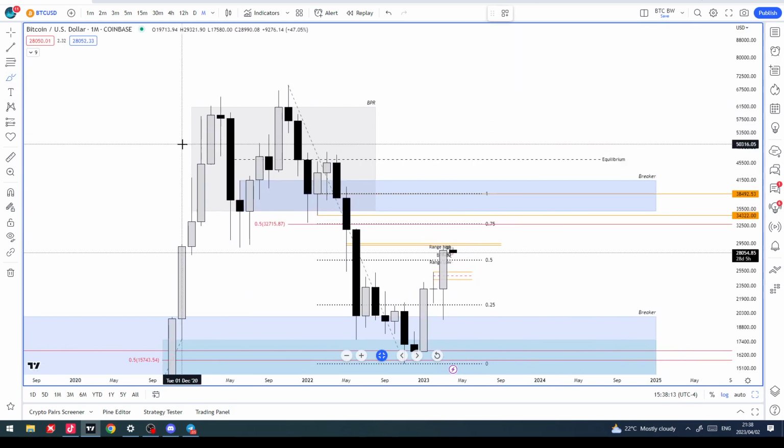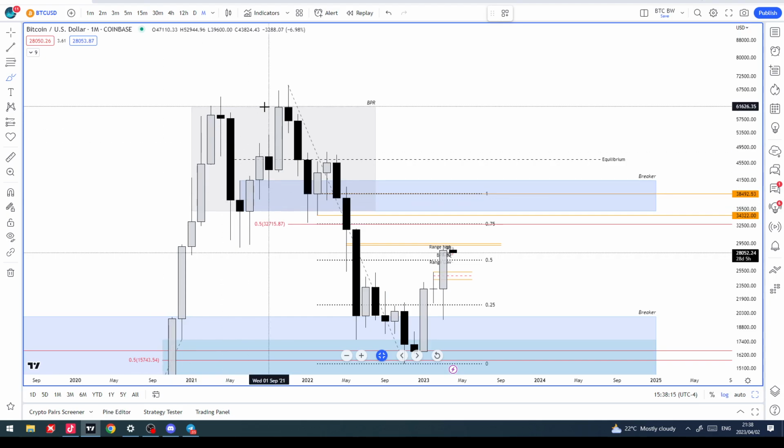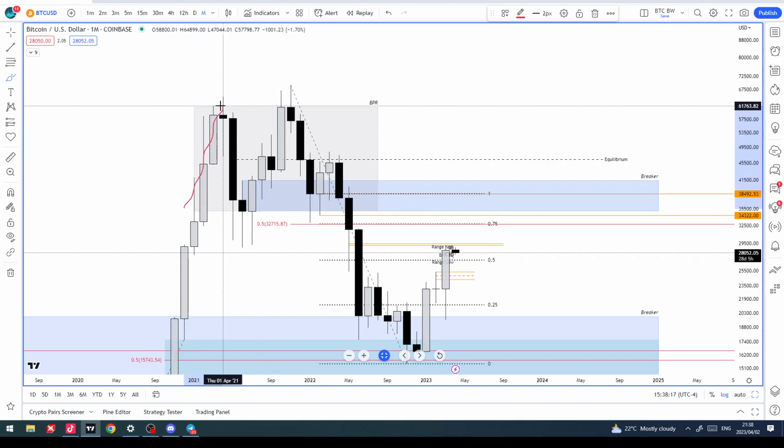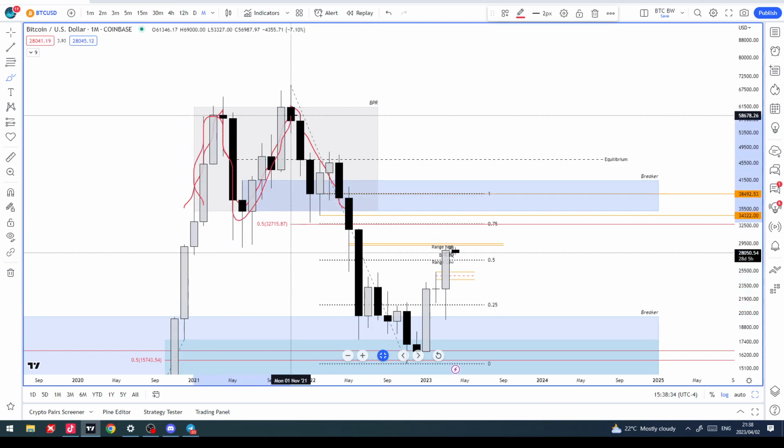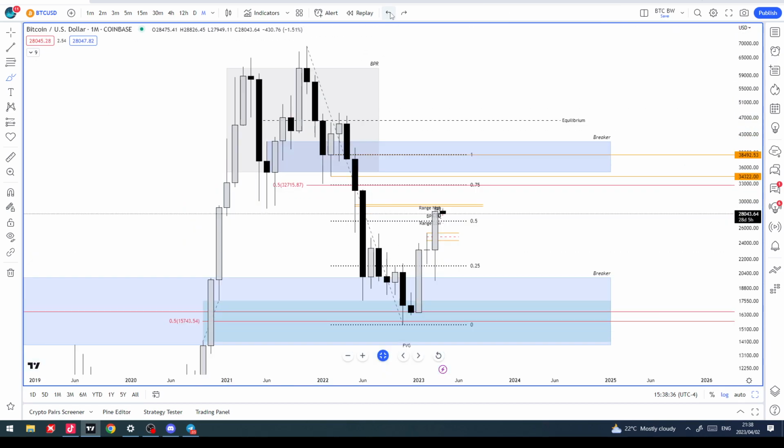Now, when we say BPR, it's a balanced price range. Note the number of times the price has moved through this range. We had 1, 2, 3, 4, some bit inside here, and then out of the range. Agree? So moving more than twice or thrice within the range makes it efficient.